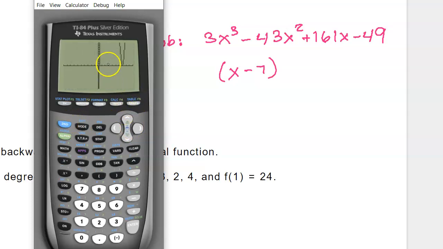No. So knowing that that isn't a whole number intersection, how else can I find that zero? Yes, exactly. You can do second trace, which is actually the calc function. And what are we calculating?